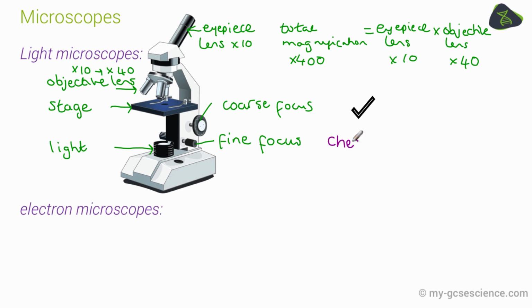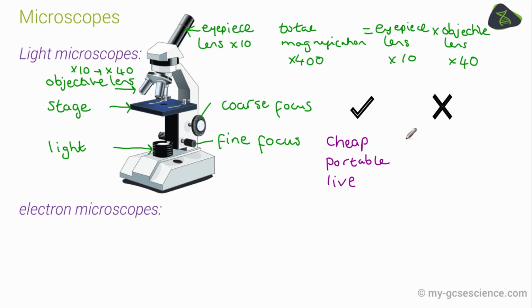They are relatively cheap to buy, they are portable, and you can view living specimens. The specimens are live, and sometimes you can actually have the specimens swimming about and you'll see them nice and clearly. Some disadvantages then. So they can have a low magnification, namely they can go up to like times 400.